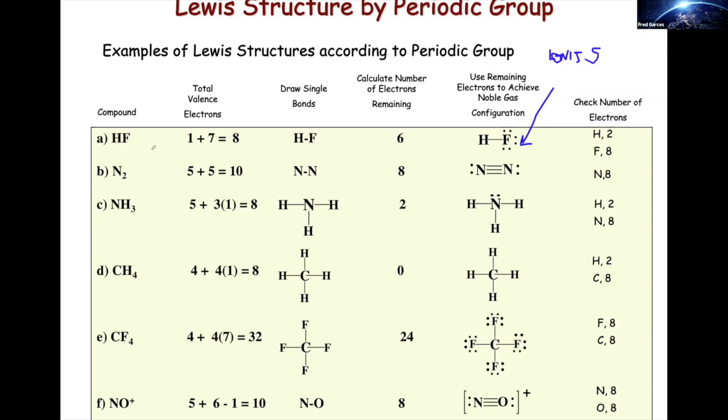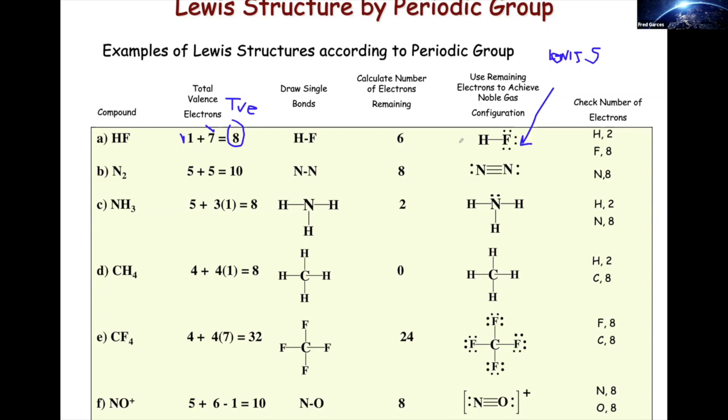Let's take a look at this table in more detail. HF is the chemical. Hydrogen has 1 valence electron. Fluorine has 7 valence electrons, for a total valence electrons, that's TVE, total valence electrons, of 8. Okay, 7 plus 1. The structure is that there's a bond between H and F. Now we're going to fill the valence electrons for the rest.